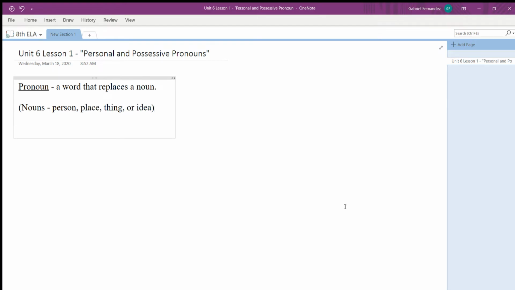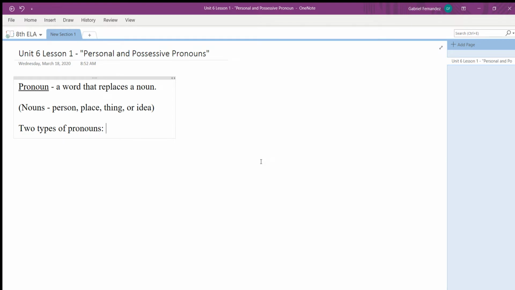So a pronoun is any word that replaces a noun. We have two types of pronouns, and no cheating looking up here to figure out what the names are, but there we go, just give you the answer.